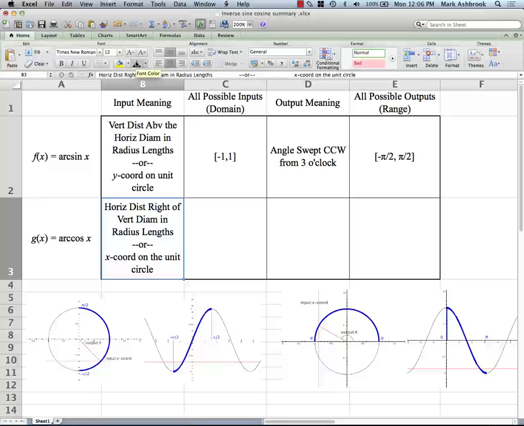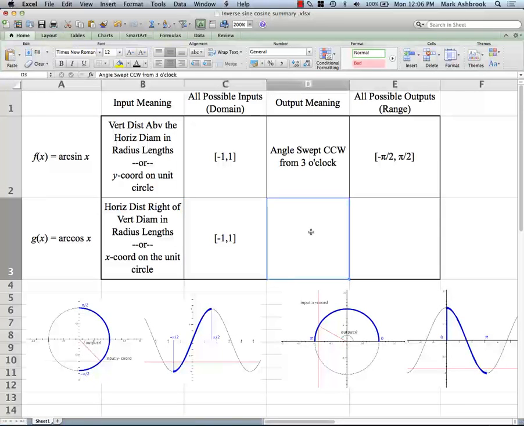What are our possibilities for that? Patrick, what are all possibilities for the horizontal distance right of the vertical diameter? Yeah, so the furthest we can go to the left is 1 radius length, and the furthest we can go to the right is 1 radius length. Same as the output of cosine, okay?